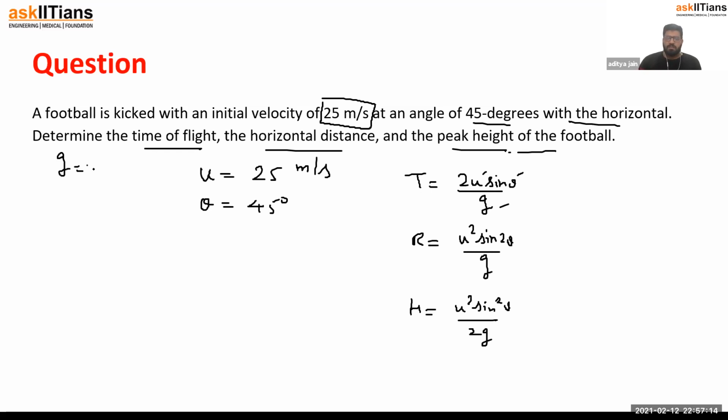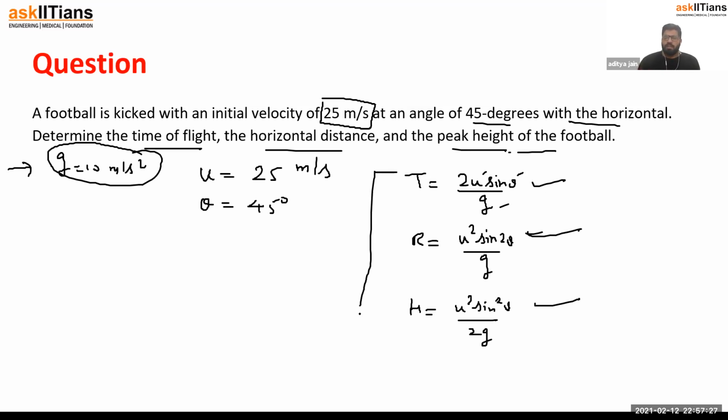Take g as 10 meter per second square approximately to solve the questions. So you will be easily able to find all these values, yes or no? Just put the values of u, theta and g, and you will get all the three quantities: time of flight, horizontal distance, and the peak height of the football. Question is clear? Yeah, formula based question. Okay, you can solve this numerical.